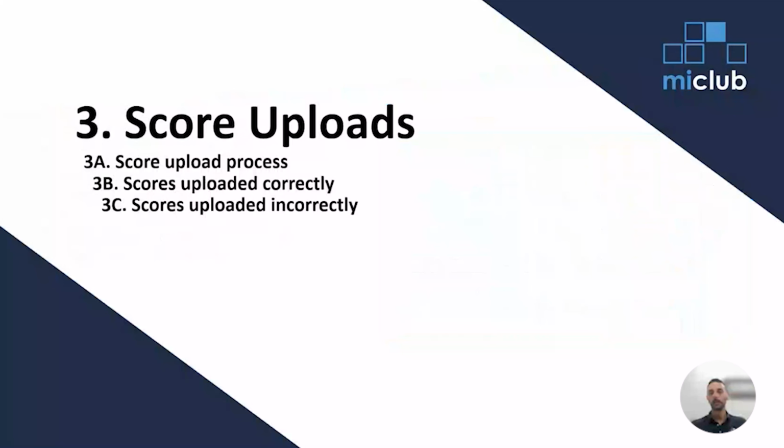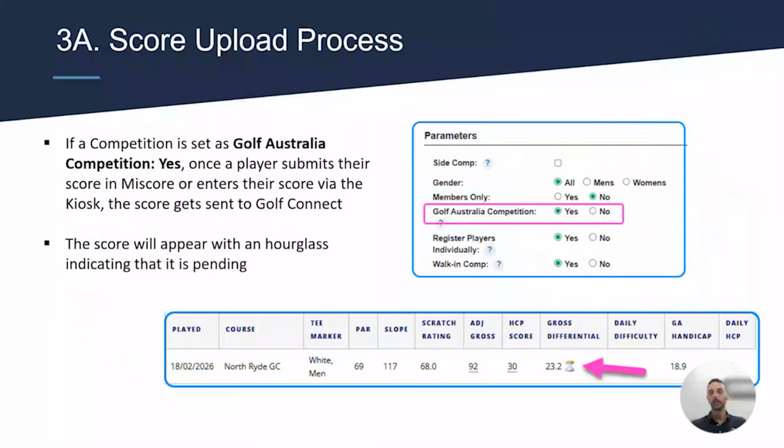And we'll finish on score uploads. So one major change from the previous GolfLink system is when you flag a competition as a Golf Australia competition in the settings, this sets a trigger in the system to automatically send all scores to Golf Connect.